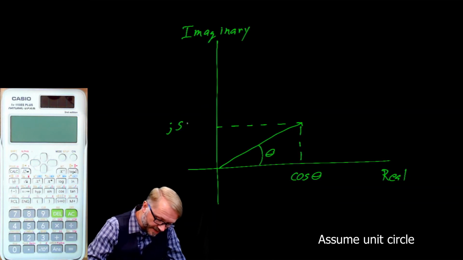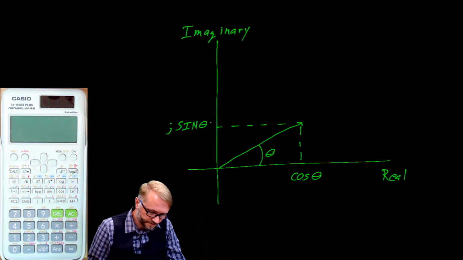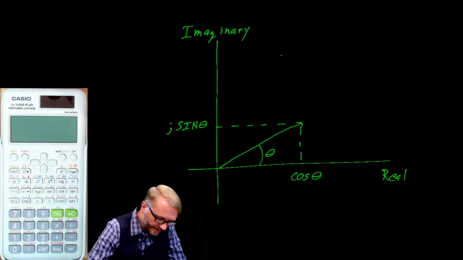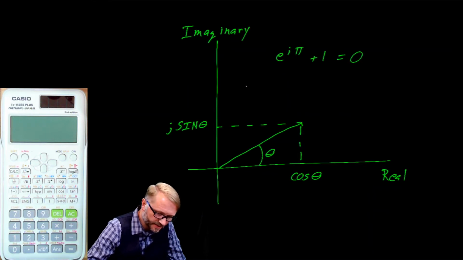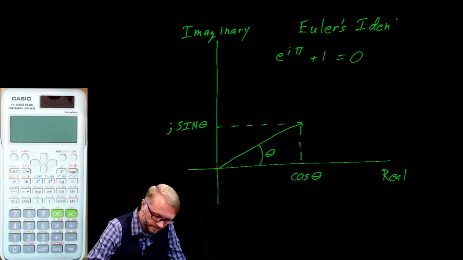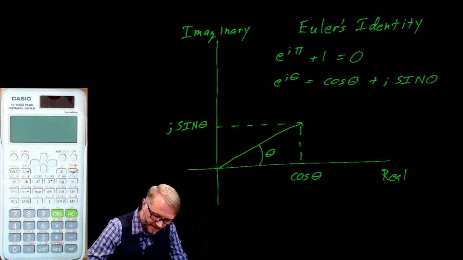Anyway, j sine of theta. You may even recognize this as e to the j pi plus 1 equals 0. That's something called Euler's identity, which allows us to make the statement of e to the j theta is equal to cosine theta plus j sine of theta.